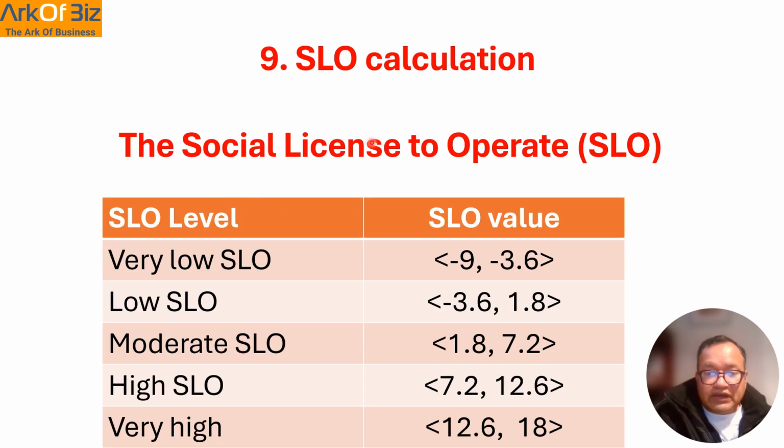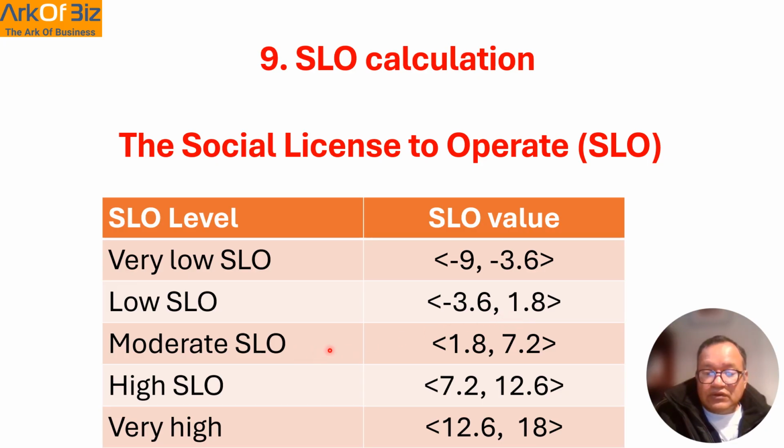In this case, we have the social license to operate labels. So we have 5 categories. Very low social license to operate from negative 9 to negative 3.5 approximately. Low SLO is from negative 3.6 to approximately 1.8.